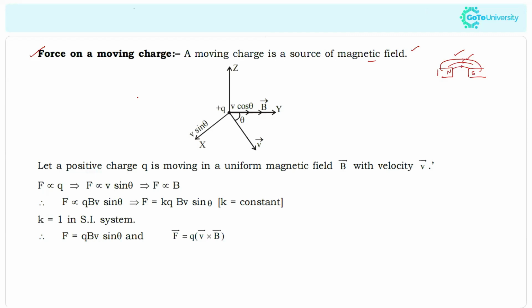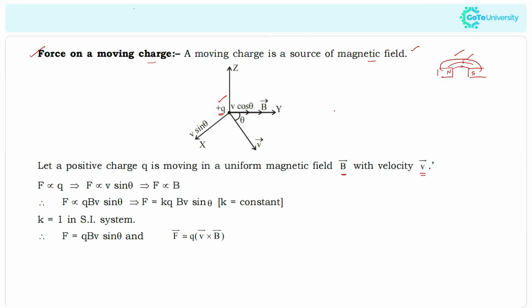Here we are correlating both the charge and the magnetic field. So let us consider a charge moving in a magnetic field. Here I represent the charge with a value of plus q. So here we are considering the positive charge, which is moving in a uniform magnetic field with a velocity v.